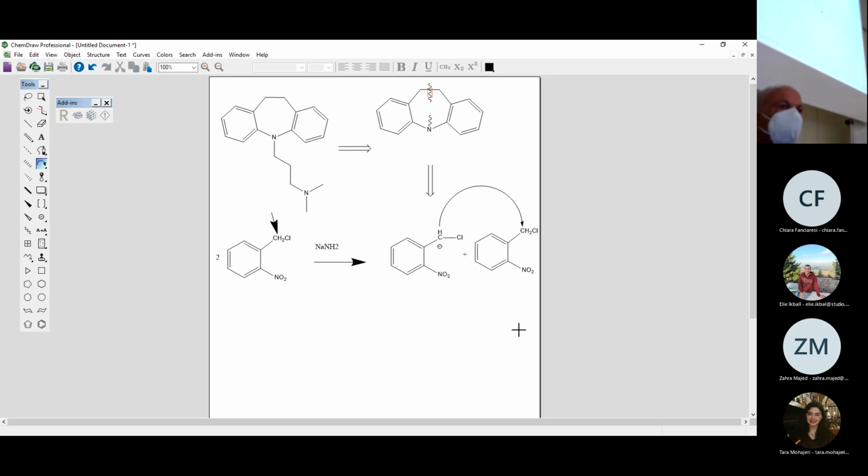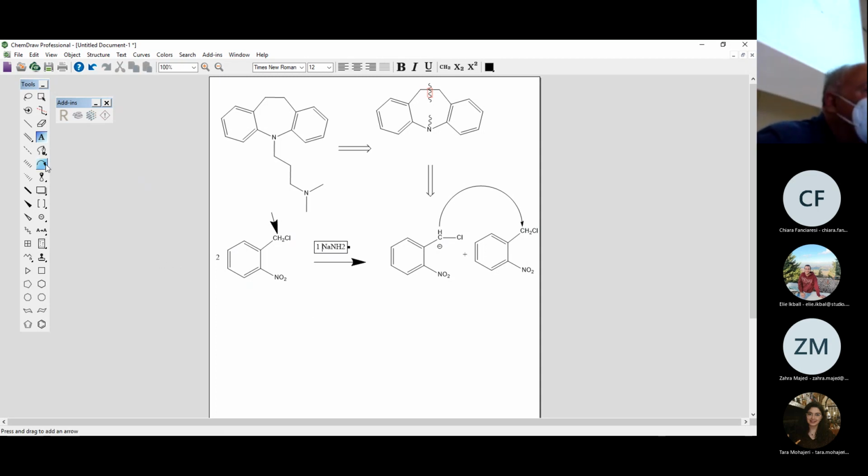So we need 2 moles of the same reagent in a strong basic condition. Perhaps we can use only 1 mole of the strong base, because I need the formation of the nucleophilic species, only 1 mole of this. This 1 mole can attack the other 1 mole of the starting reagent.